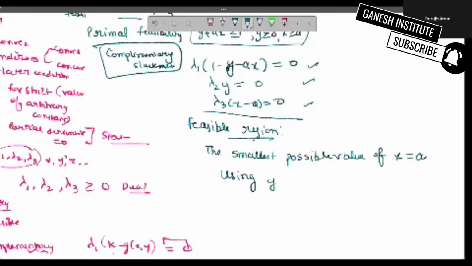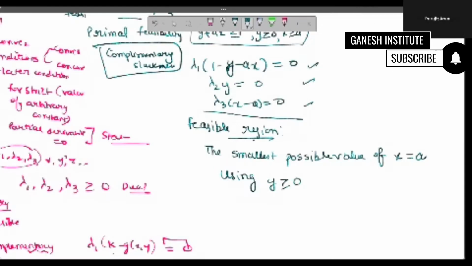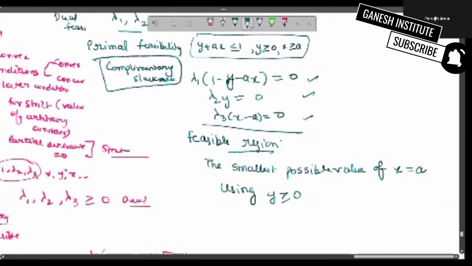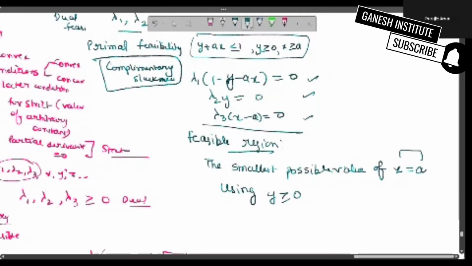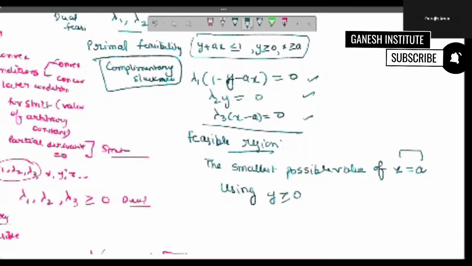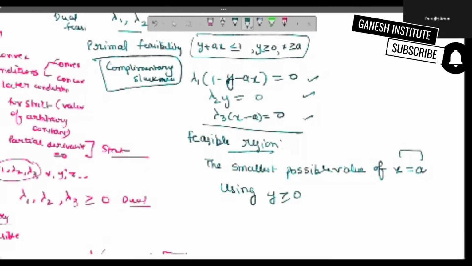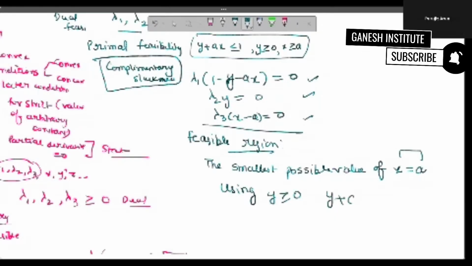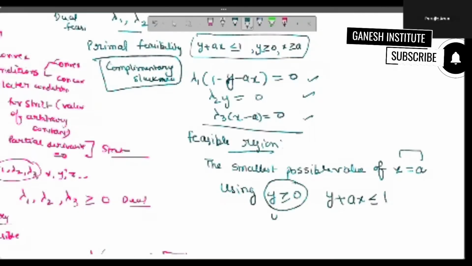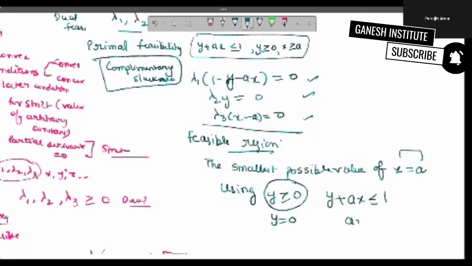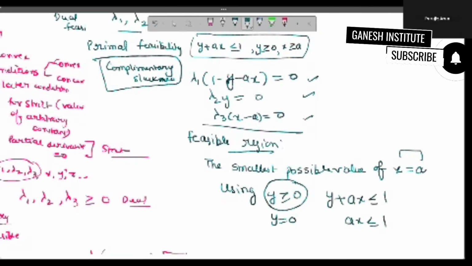So using Y greater than 0, see, Y is greater than or equal to 0. X I have found out, like considered. So tell me, if I substitute Y plus AX is less than or equal to 1 is there, right? If I take Y as 0 from here, AX is less than or equal to 1?